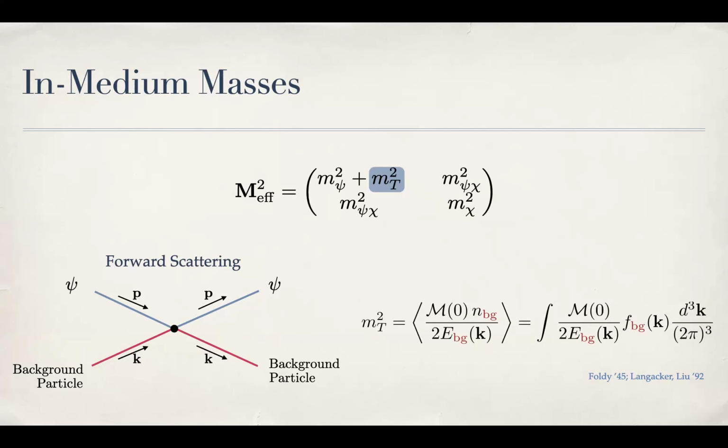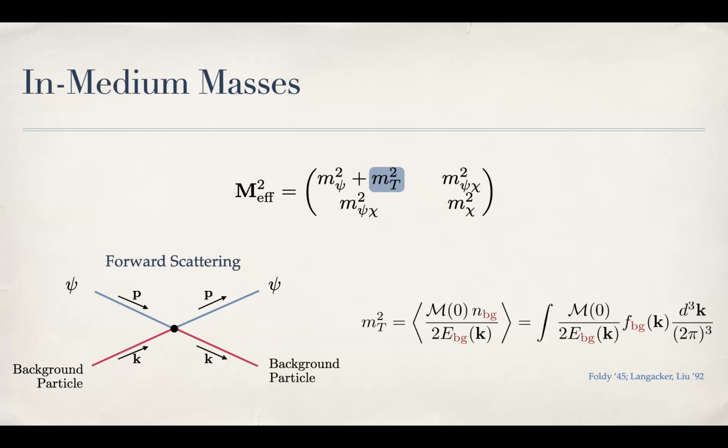So the thermal mass squared of psi, which comes from forward scattering with the background medium, is just equal to this matrix element times your number density of background particles over roughly the energy of your background particles. And when I put these brackets, I just mean average over the distribution of background particles, which may have a thermal distribution or not.